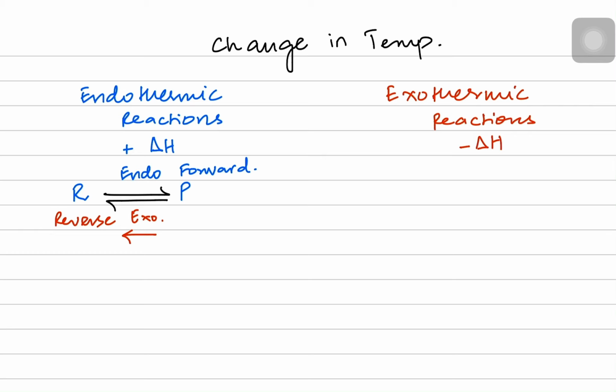And when you talk about the other kind of reaction, the exothermic reaction, the forward is exothermic, so the reverse would be endothermic. So if some reaction is exothermic, its reverse is endothermic. And if some reaction is endo, its reverse is going to be exo.